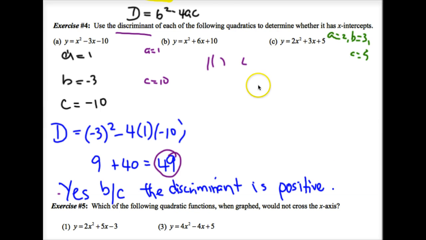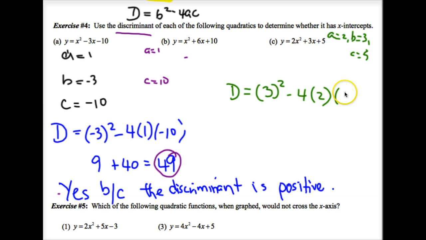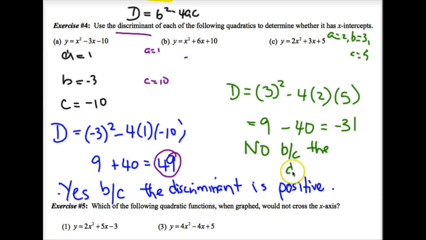So my discriminant is going to be 3 squared minus 4 times 2 times 5. 3 squared is 9, take away 4 times 2 is 8, 8 times 5 is 40, 9 take away 40 is -31, so this will not have an x-intercept because the discriminant is negative.